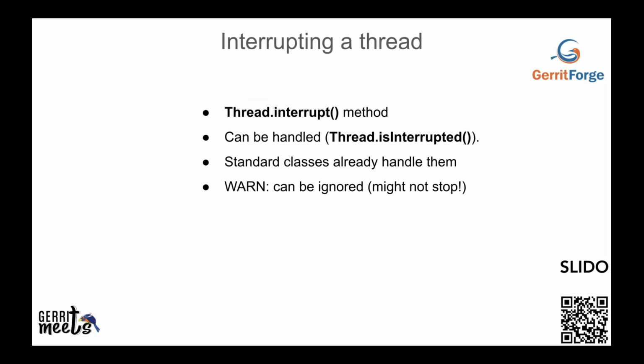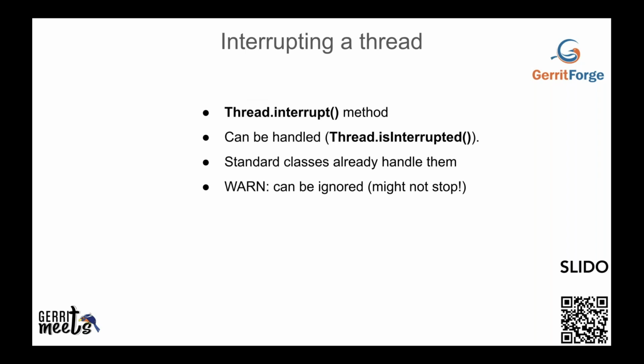The cool thing about interrupt is that all the standard classes in Java are already able to handle them. So depending on which part of the stack you are in, the standard libraries will automatically understand that an interrupt signal was sent and handle it.